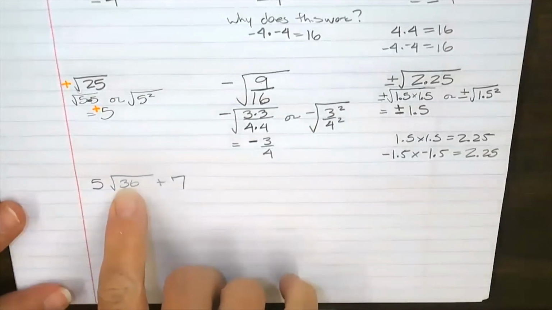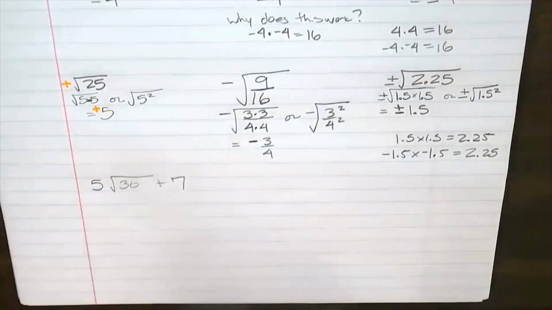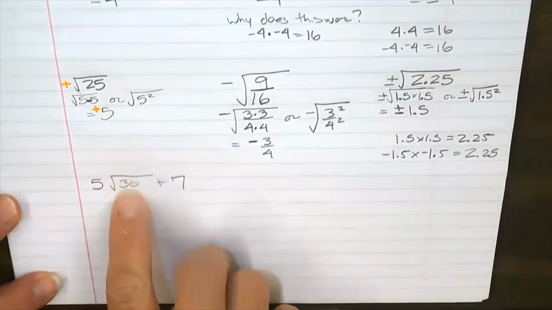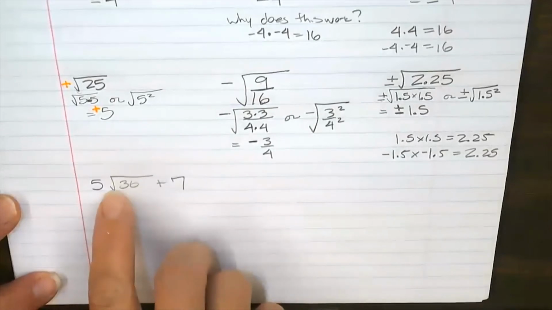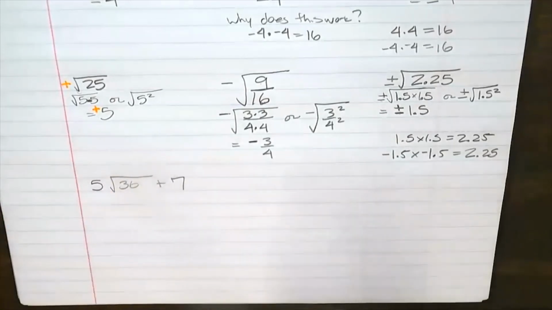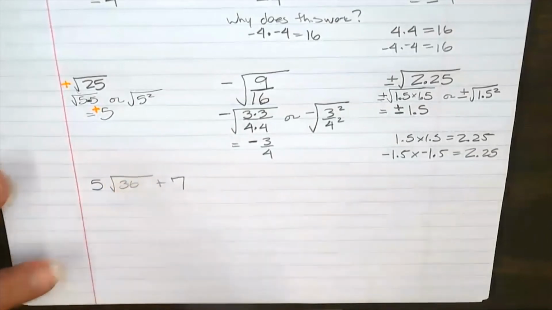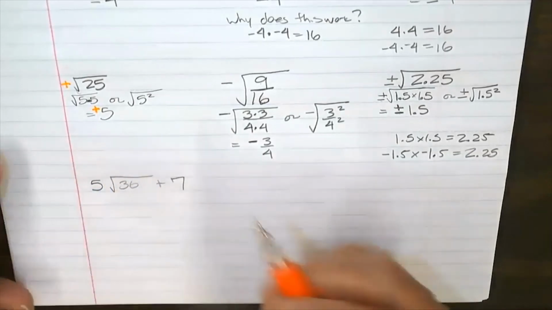We want to solve what's inside the radical sign first. The radical sign operates like parentheses.